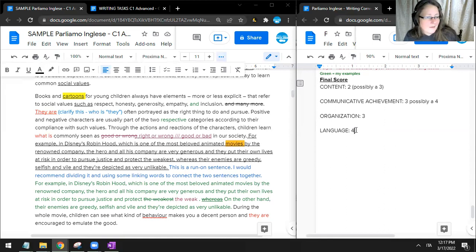I'm going to give you a 4, because while the structures weren't as interesting and sophisticated as they could have been, you did have a really nice range of vocabulary, and really nice collocations. Your word choices were really natural, really nice. So I think that's really good.